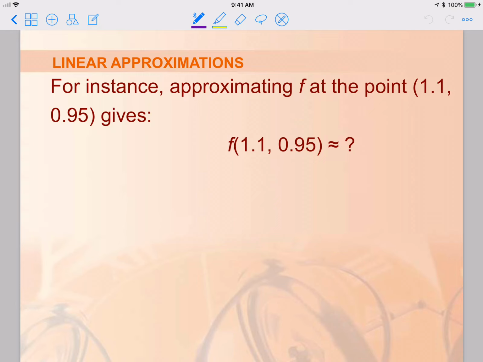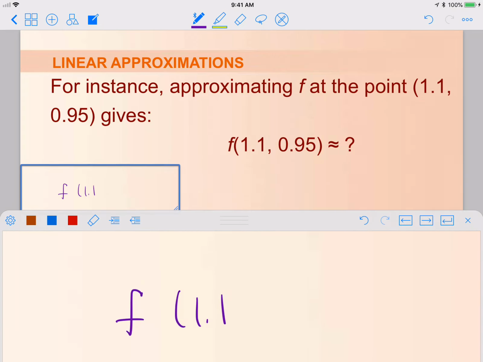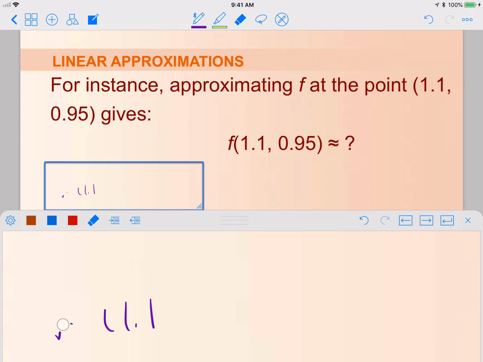So let's use it to approximate f(1.1, 0.95).